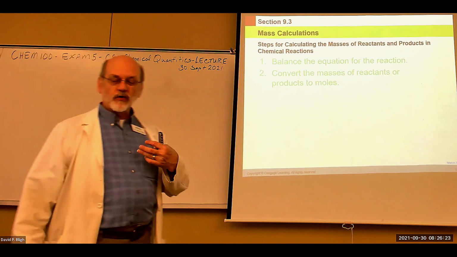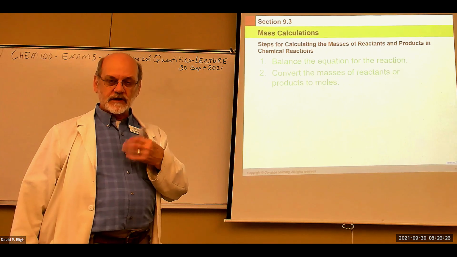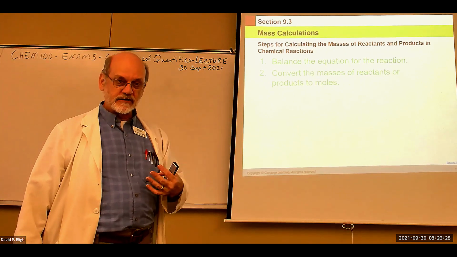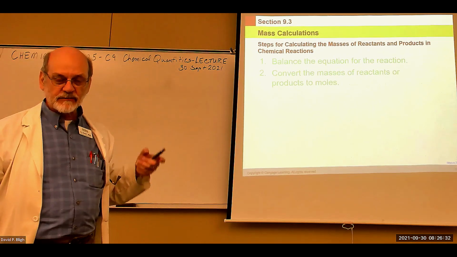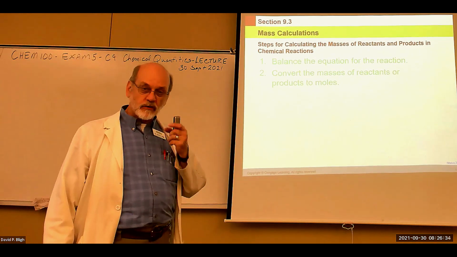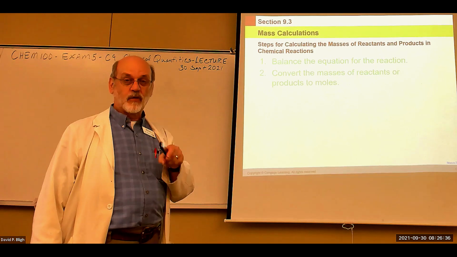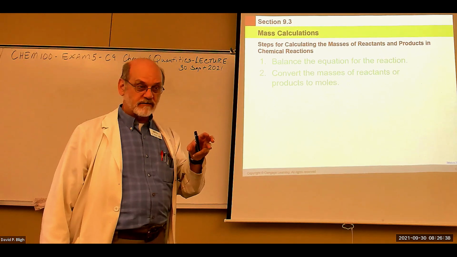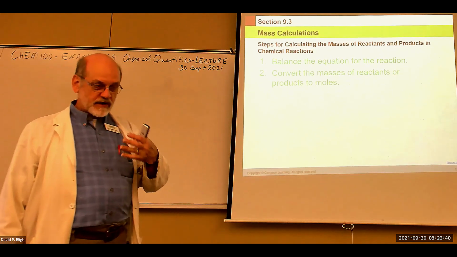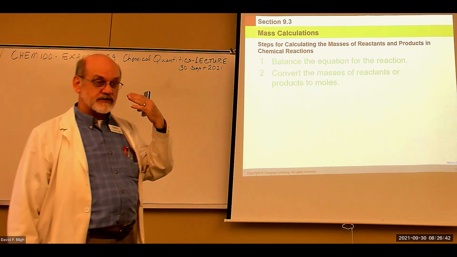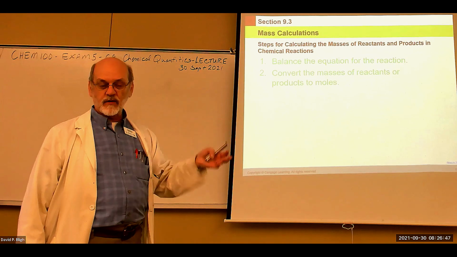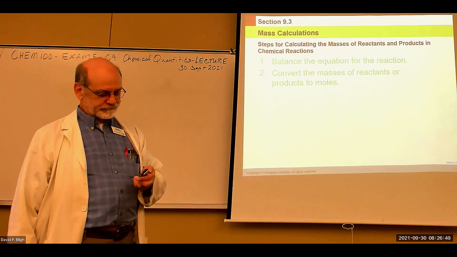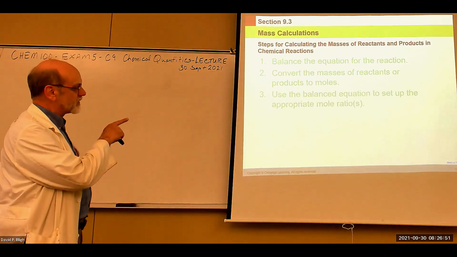Now, this is the cardinal rule of doing mass calculations. You have to convert masses to moles. If you don't know moles, you're dead in the water with a balanced equation. If you have such and such a mass of a reactant, you can't go anywhere in that equation without moles. So you have to convert that to moles.